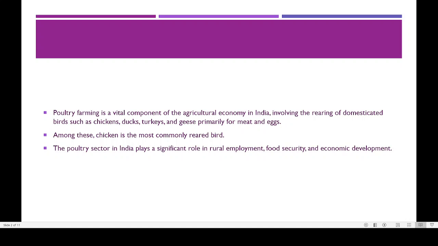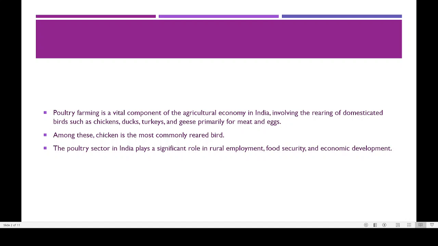And the poultry sector in India plays a significant role, as I told you, in generating employment. Practices like chicken farming and turkey farming provide an important source of income and also jobs to many people in the villages.